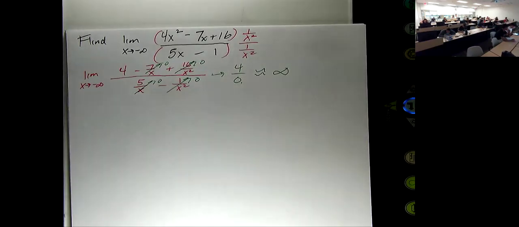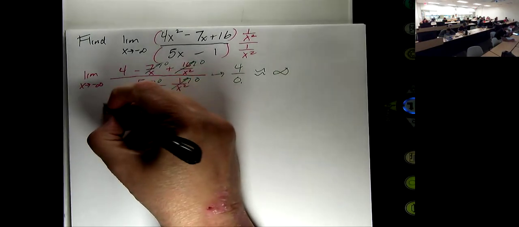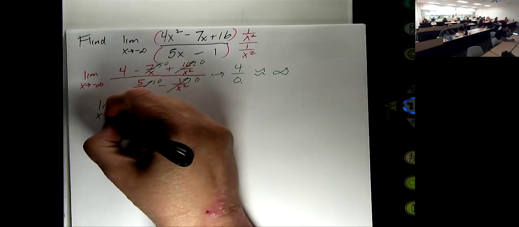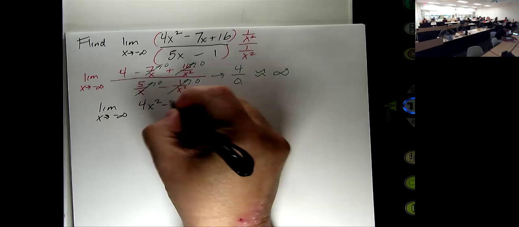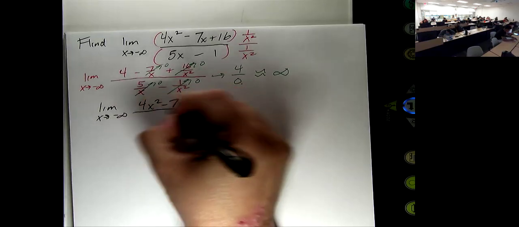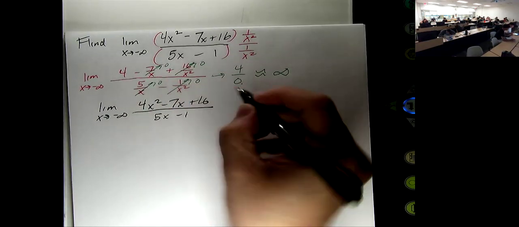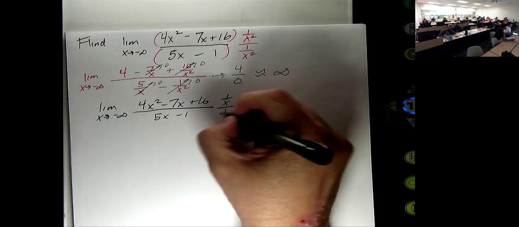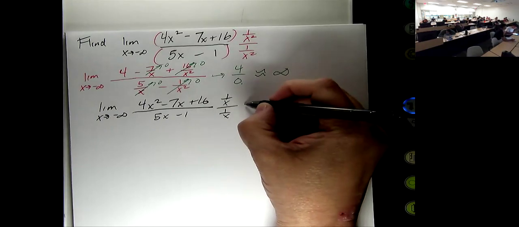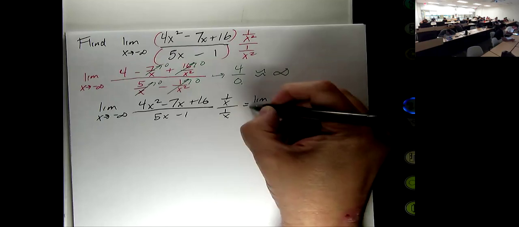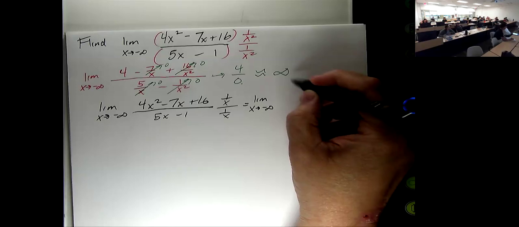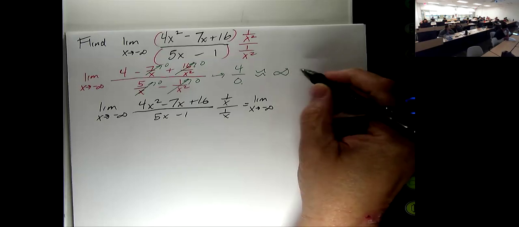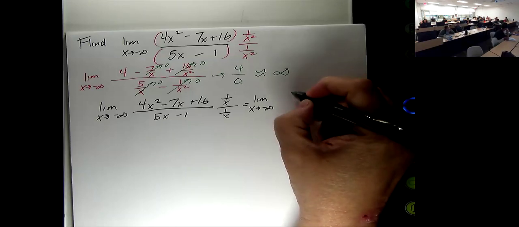If that's a little awkward for you, multiply by a slightly smaller one. If I do 1/x rather than 1/x², I'm going to rewind this a little bit. If I multiply by 1/x, you'll see that we have the limit as x goes to negative infinity of 4x, I think I lost a sign in there.